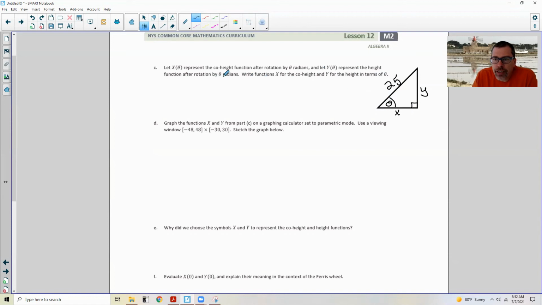So it says write functions for co-height x and y for height in terms of theta. If I say the sine of theta equals y, opposite over the hypotenuse, 25, and I multiply both sides by 25, that will give me y equals 25 times the sine of theta.